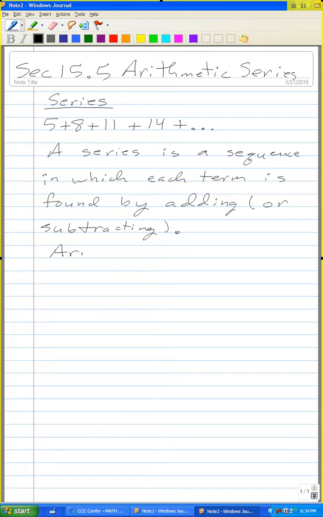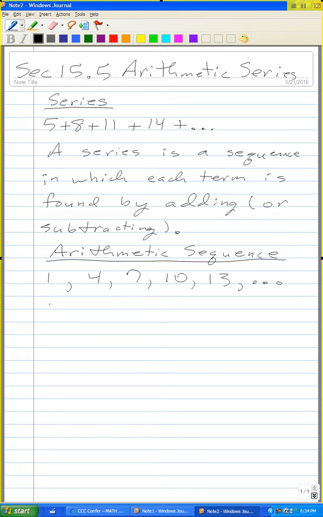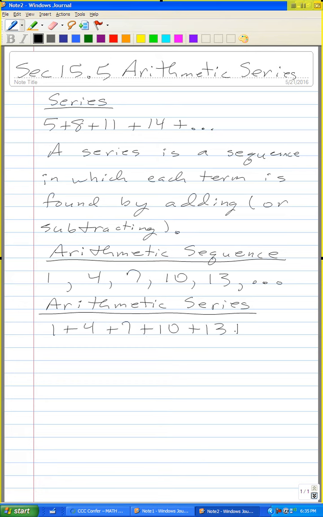Suppose you have the following arithmetic sequence: 1, 4, 7, 10, 13, etc. Then the corresponding arithmetic series is just 1 plus 4 plus 7 plus 10 plus 13.